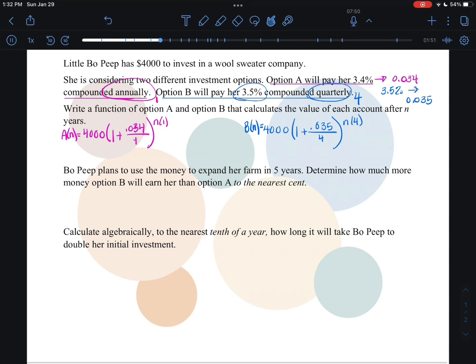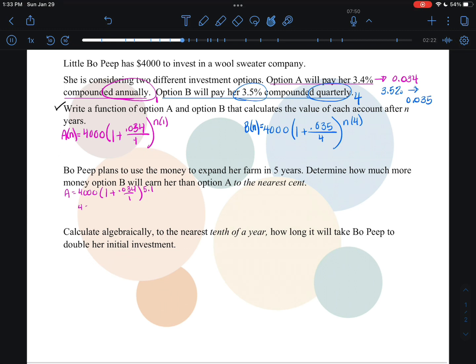I finished the first part of the question, which was asking me to write the function. Bo Peep plans to use the money to expand her farm in 5 years. Determine how much more money option B will earn her than option A to the nearest cent. In 5 years, option A is going to earn Bo Peep 4,000 times the quantity (1 plus 0.034 over 1) to the 5 times 1 power.